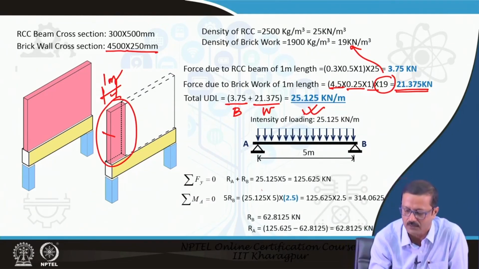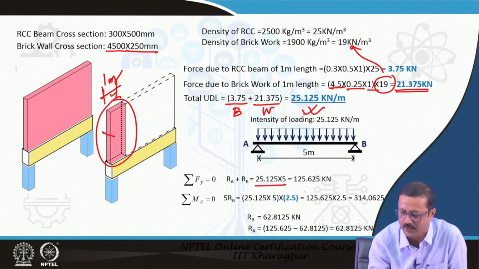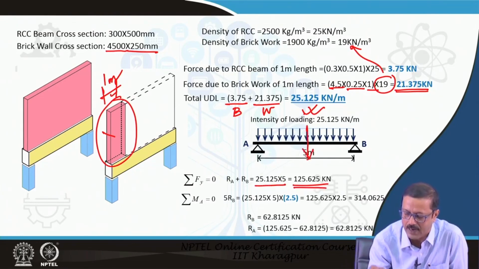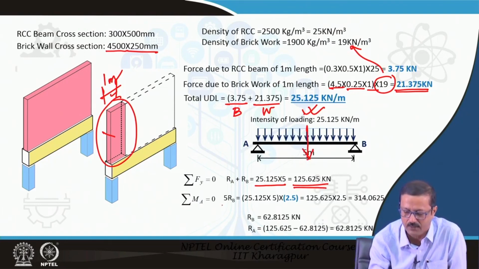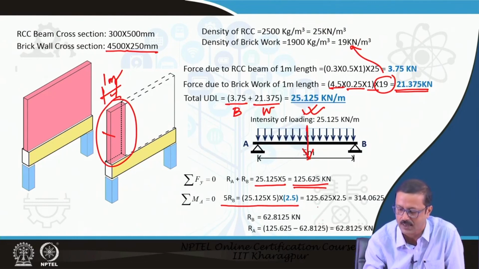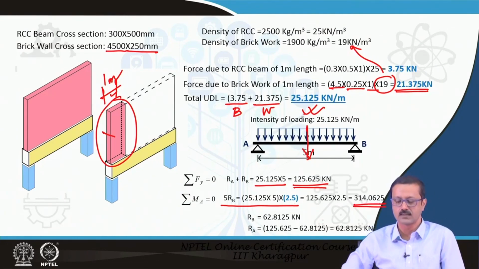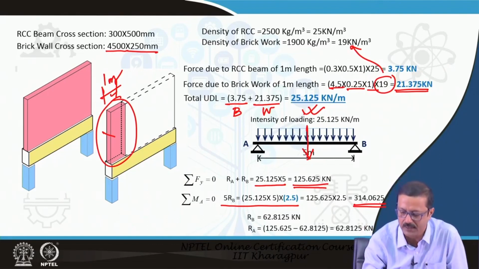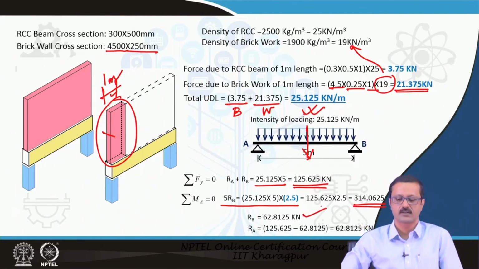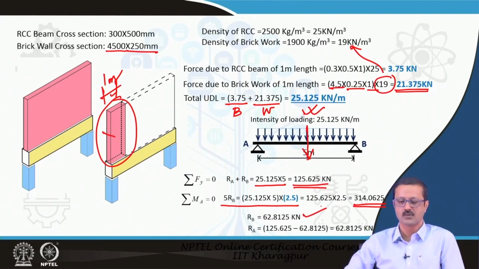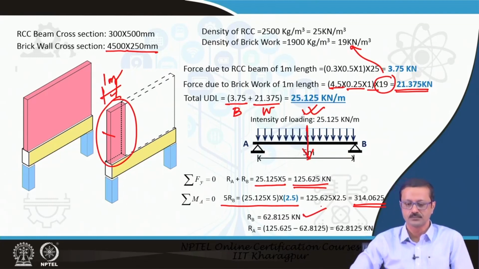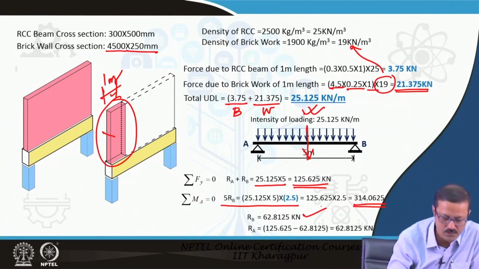I have again found out the total load by multiplying by 5. So, this is the total load, assuming that the total load acts centrally, and I found out the moment at A equal to 0 with this equation like the previous slide. Finally this is the balancing moment, and the reaction force at B is almost 62.8 kilonewton, and R A is also computed.